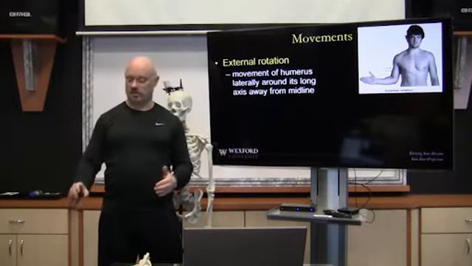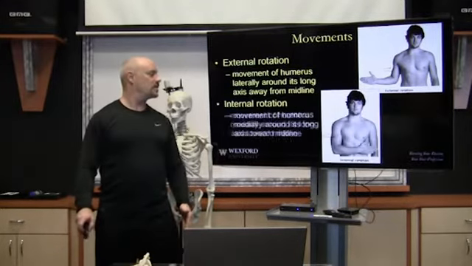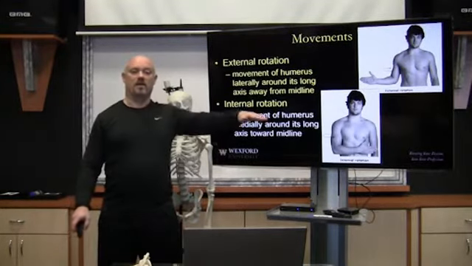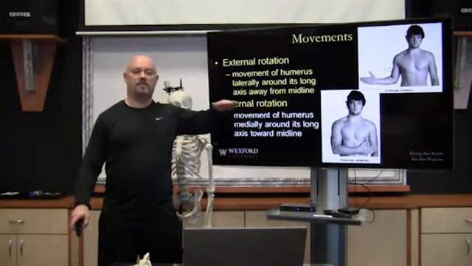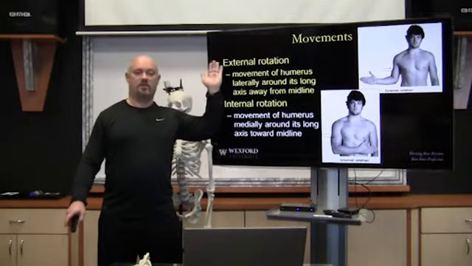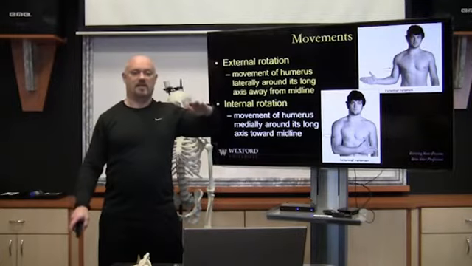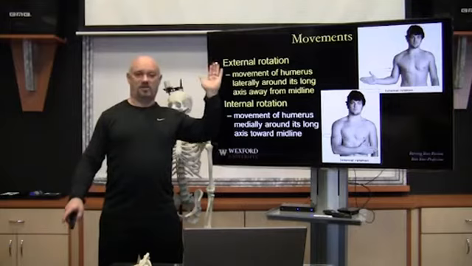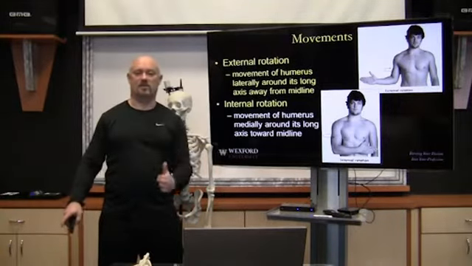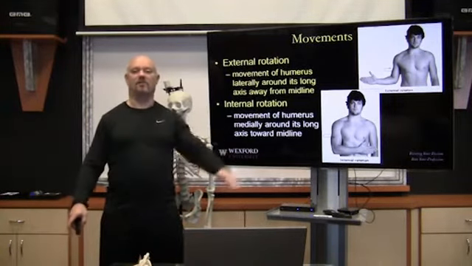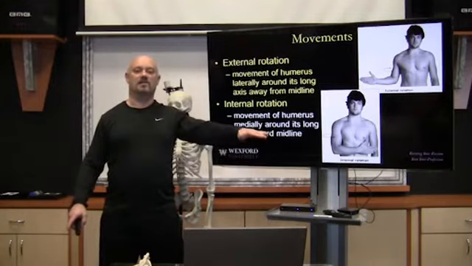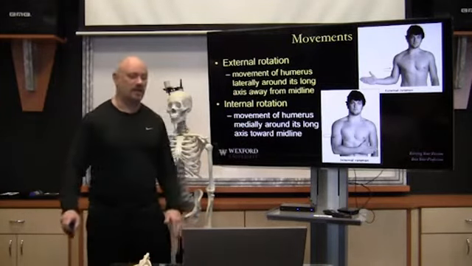We can also do this action by raising the arm up, abducting, flexing, externally rotating through the sagittal plane, and then internally rotating in the sagittal plane. But it's still considered external and internal rotation. We just have to look at the orientation of the joint and the segment attached to that joint.